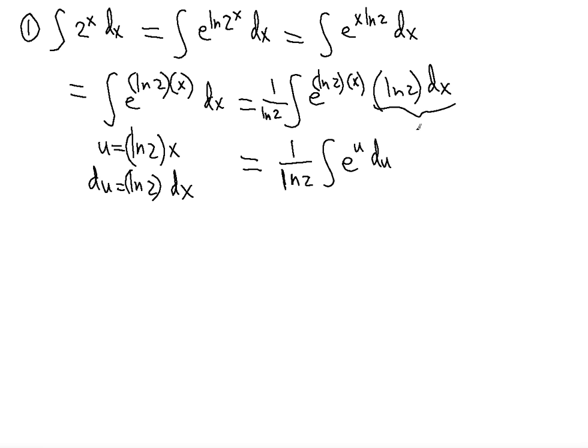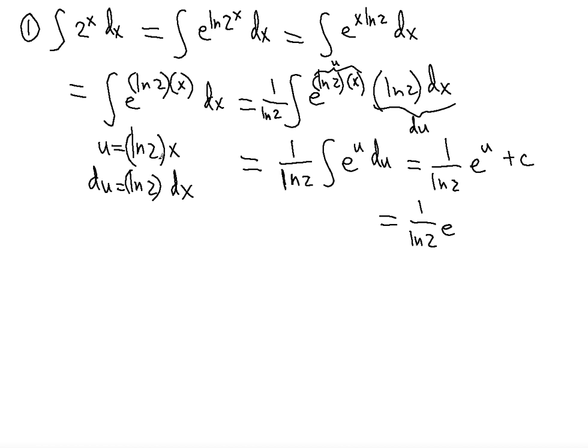Because this part is du and this part is u. So now we're going to have 1 over ln 2 e to the u plus a constant. Let's put it back in terms of x. 1 over ln 2 e, and u was equal to ln 2 times x.